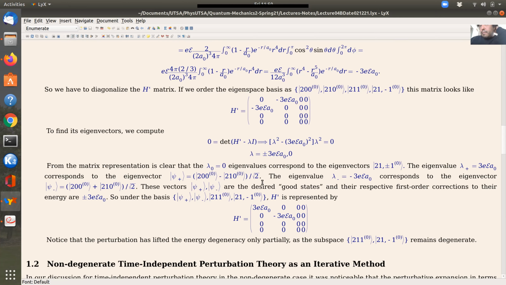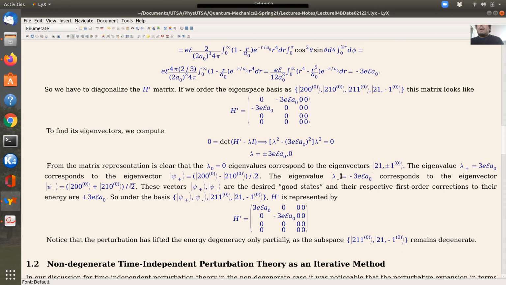In fact, since we have found the eigenvalues and the eigenvectors, these eigenvectors are quite helpful because they will let us diagonalize the perturbation matrix. So these are the so-called good states that we were looking for.